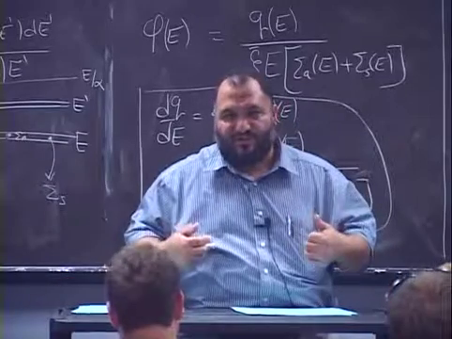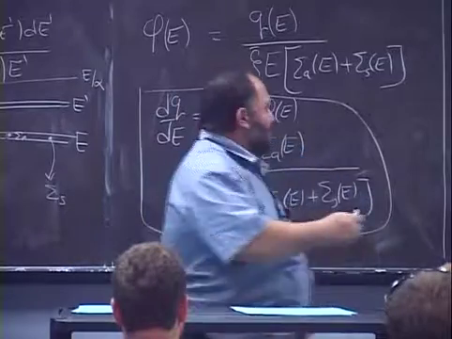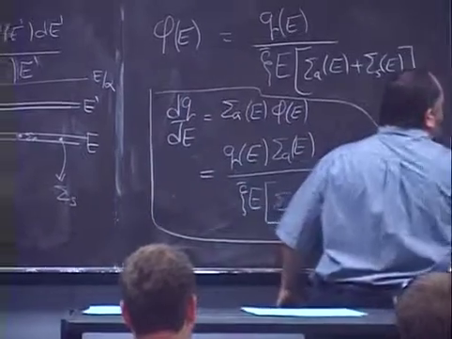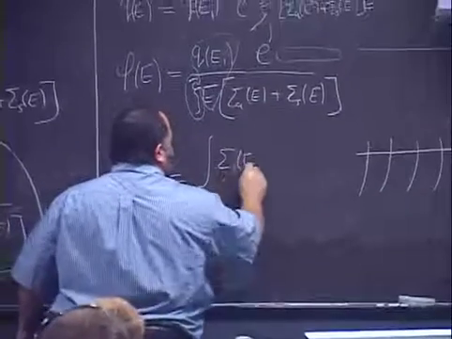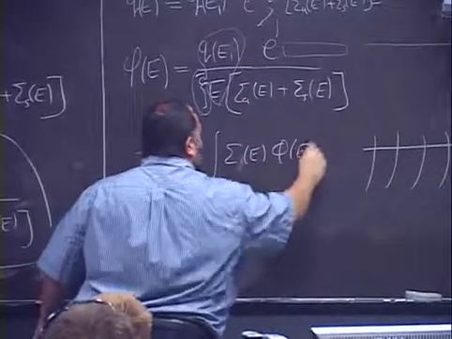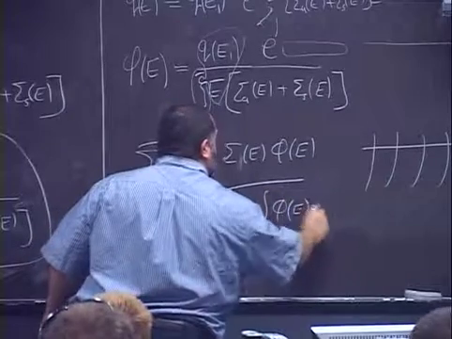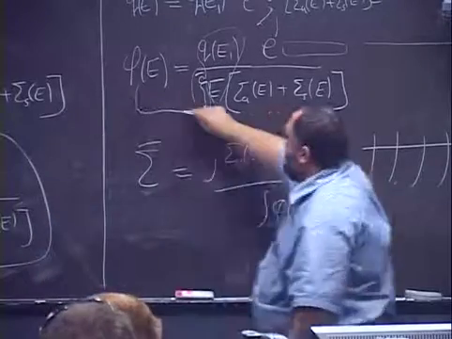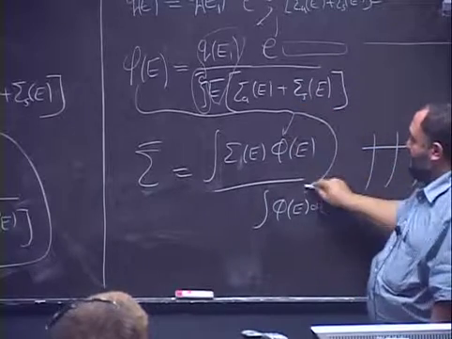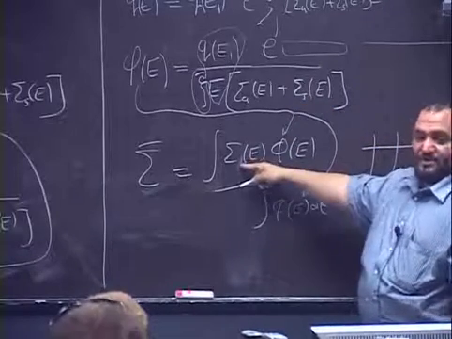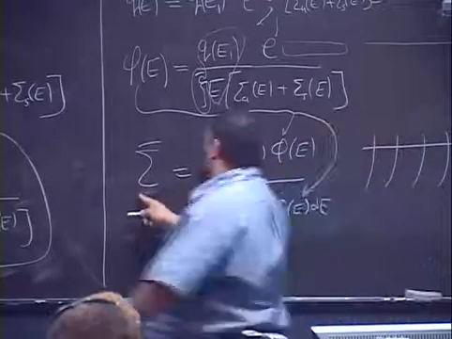Why are we doing this? To get phi of E as a function of E, to be able to use it in calculating the average cross section, which is sigma scattering, let's say, or sigma of E multiplied by phi of E divided by the integral of phi of E dE. You get this flux weighting function, substitute here, get the energy variation of the cross section, and you get an average cross section.